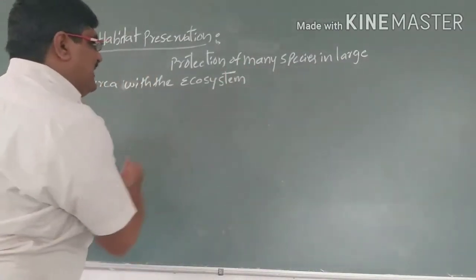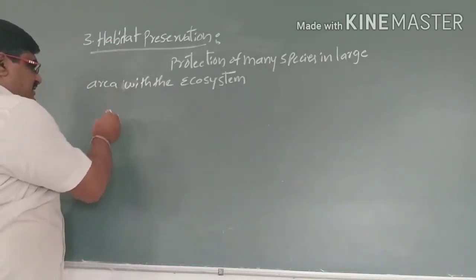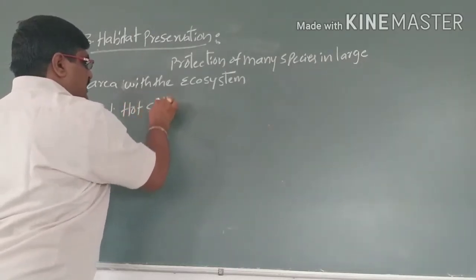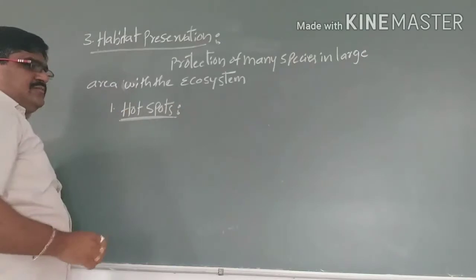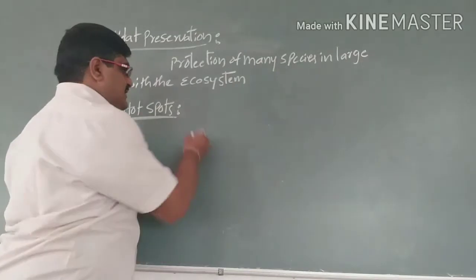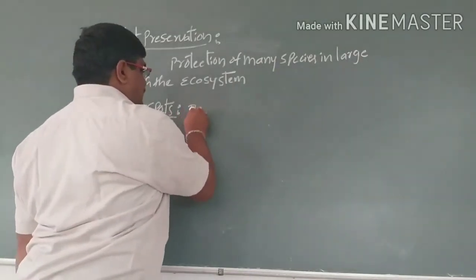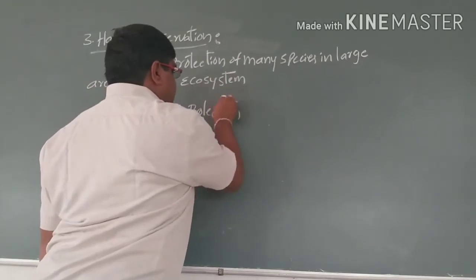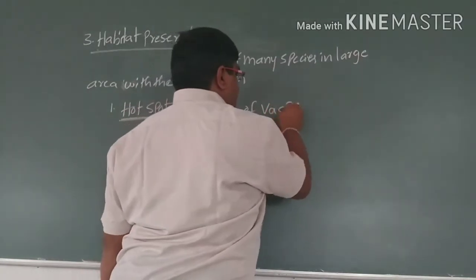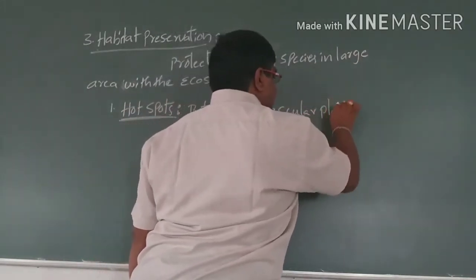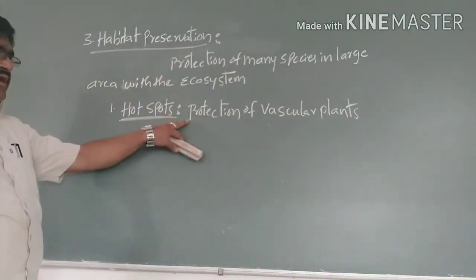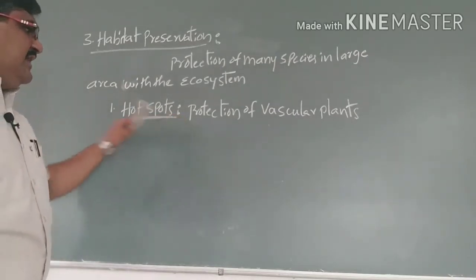So there are various types of habitat preservation. The first one is the hotspots. Here hotspots means the preservation and protection of vascular plants within the habitat.